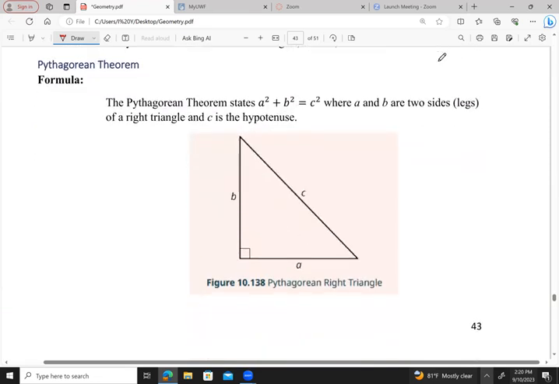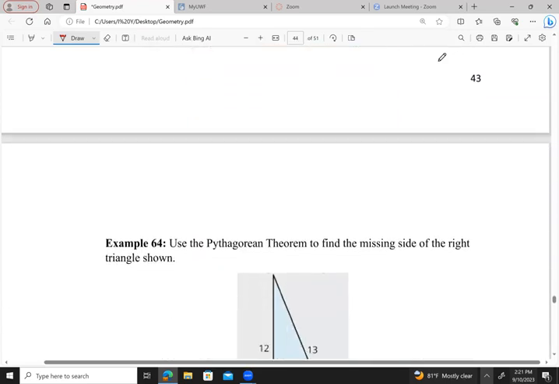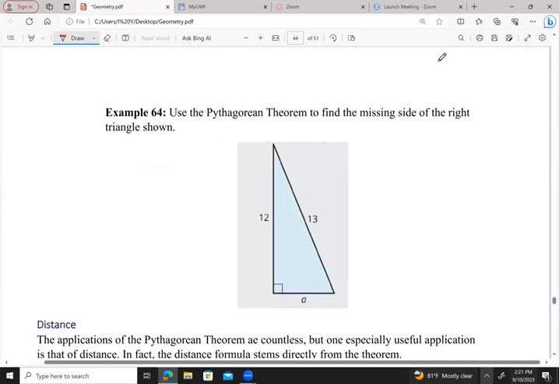So, the Pythagorean theorem states that a squared plus b squared equals c squared, where a and b are the two sides or legs of a right triangle, and c is the hypotenuse, as shown in the figure here. So use the Pythagorean theorem to find the missing side.